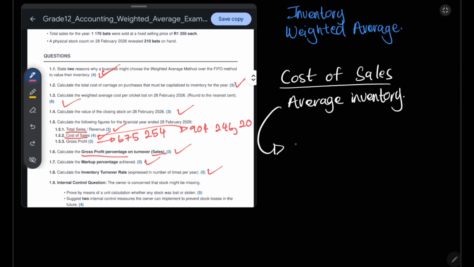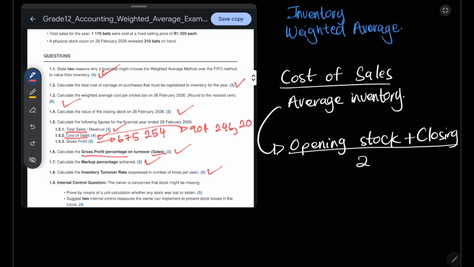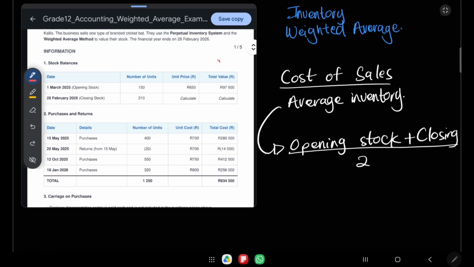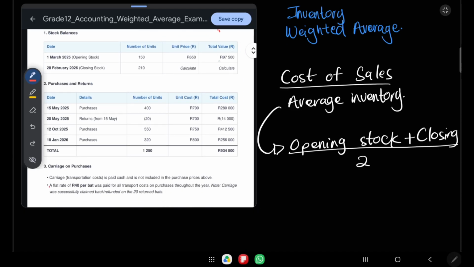So let's calculate our average inventory. Your average inventory is the opening stock plus the closing stock over 2. So what is your opening stock? Let's look at our information. There's your opening stock. It's 97,500, the value of your opening stock.